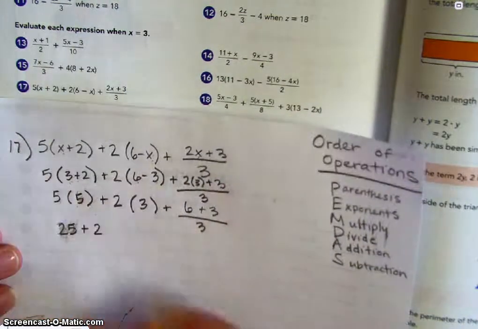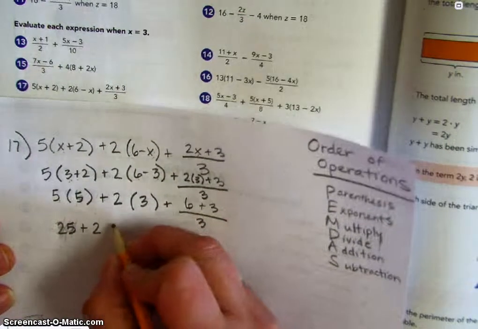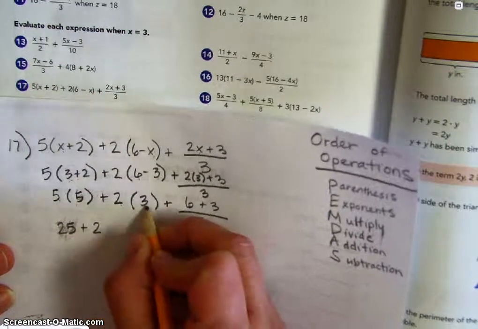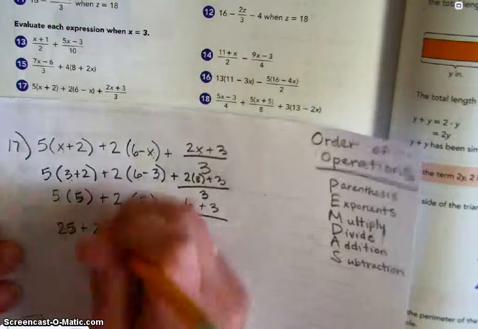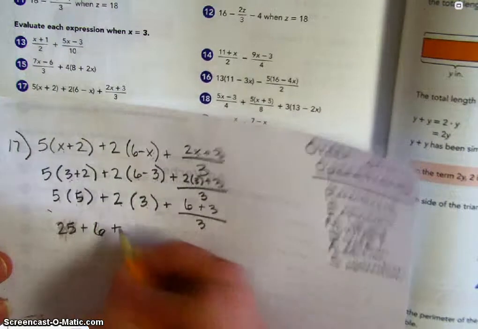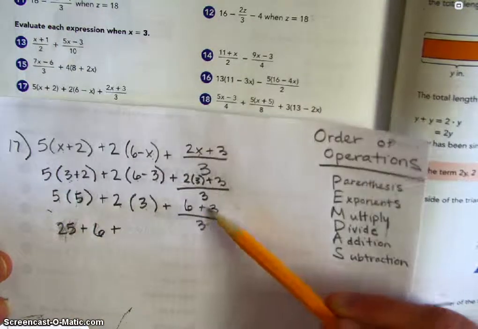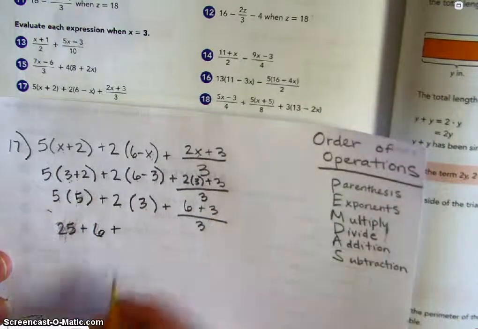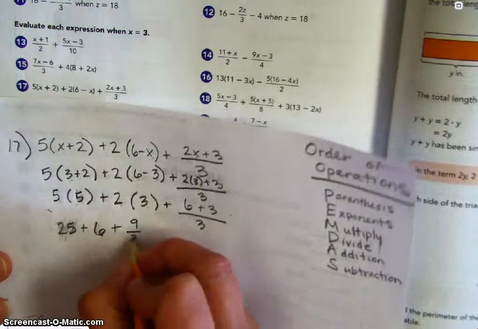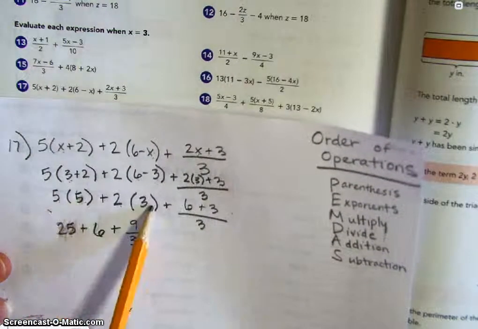I add my plus 2, but I'm not going to do it yet because I still have some other functions I need to do over here. 2 times 3 is one that I need to do, so that's going to equal 6, and then plus, and since I don't know which number I can divide it by, I need to do my addition. So 6 plus 3 is 9, and then it'll be over 3. So hopefully you can look and see that I've just kind of done all of the parentheses here.